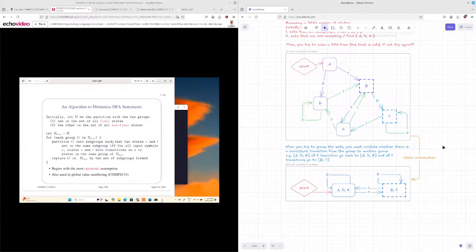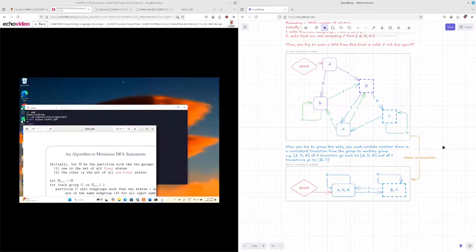Now we look at the algorithm. All this is saying is you have many partitions, you take one partition, and you repeatedly do what I just explained. For every input symbol, you do the same thing. You see whether they always transit from one partition to another partition. And let's finish it.